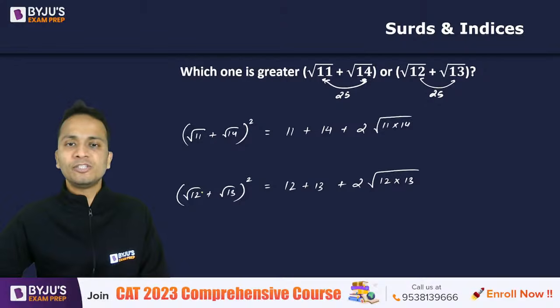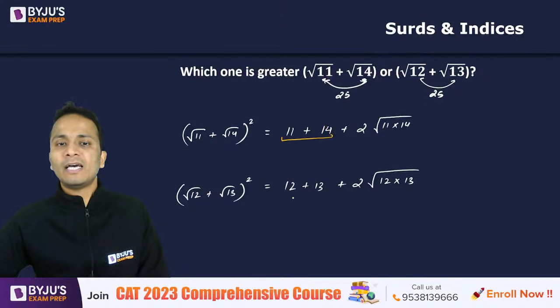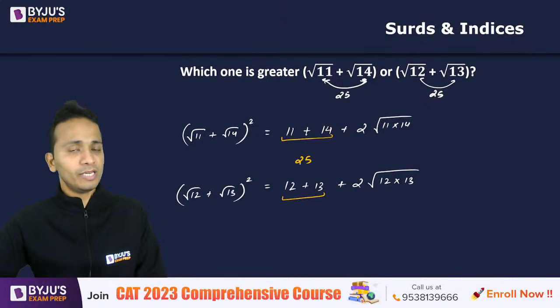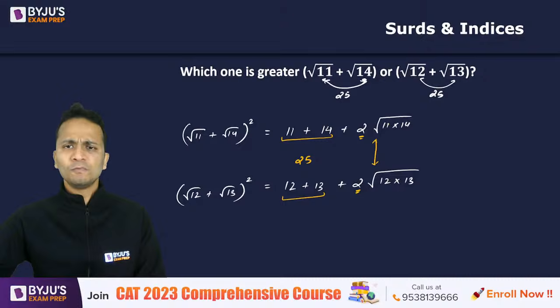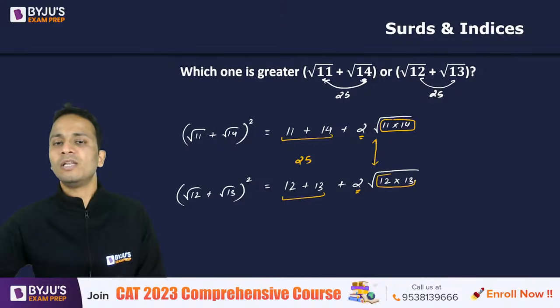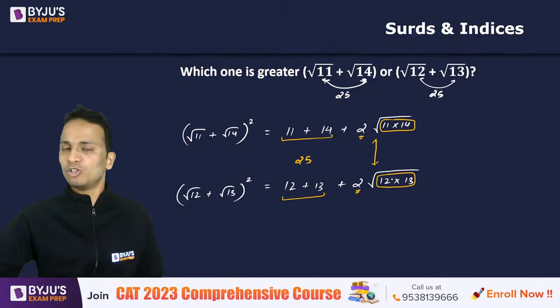Now comparing these two, this part and this part will give you 25 in both cases. Okay, so it is the same. The 2 is also the same in both cases, and the under root is also there in both cases. Now, the expression which has the larger value under the root will become the bigger number.